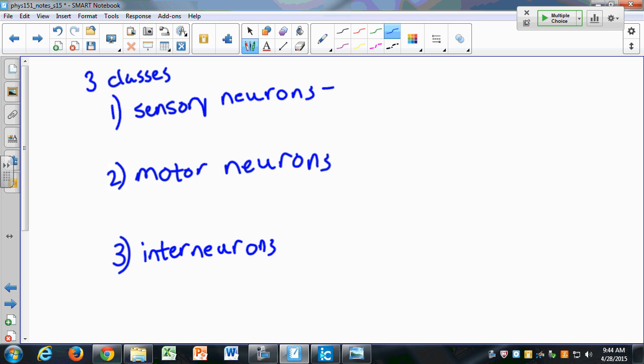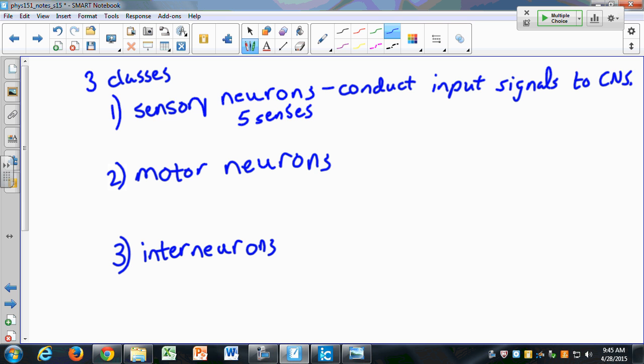The sensory neurons conduct input signals to the central nervous system, and these are responsible for our 5 senses. The motor neurons conduct the central nervous system signals to the effector organs.